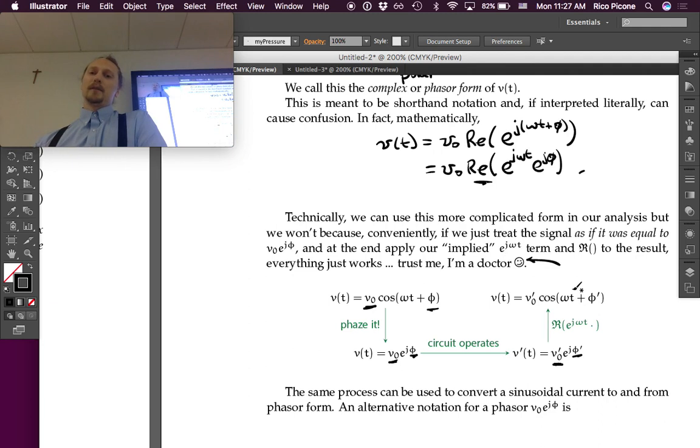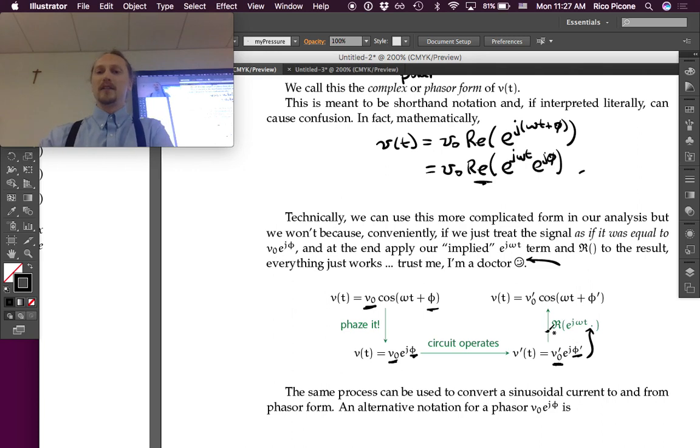Okay, so we have a new voltage in this form, phasor form. Now, technically, we should insert this into this expression here to convert back to trigonometric form, which is we should take the real part of e to the j omega t times v naught prime times e to the j phi prime, which looks harder than it really is.